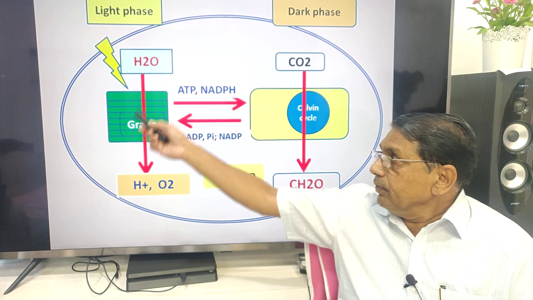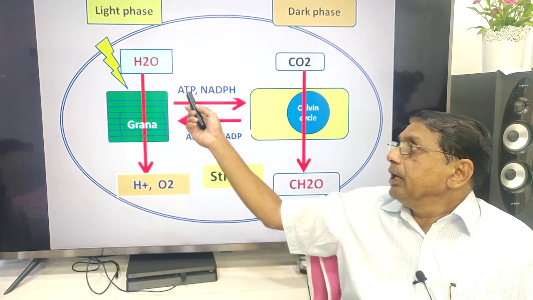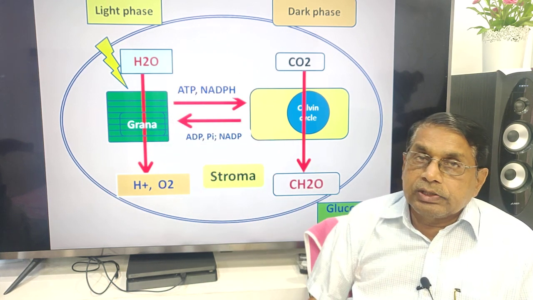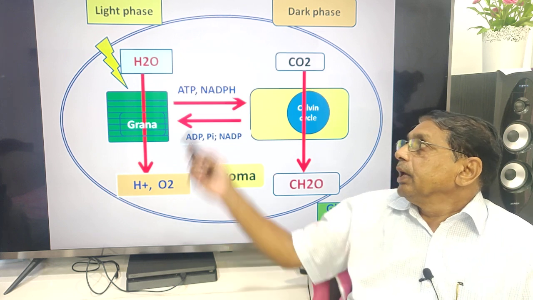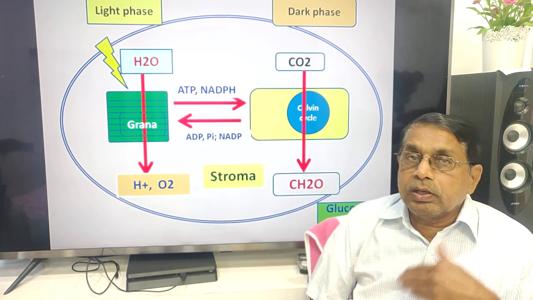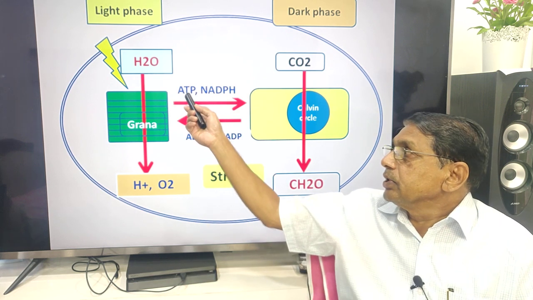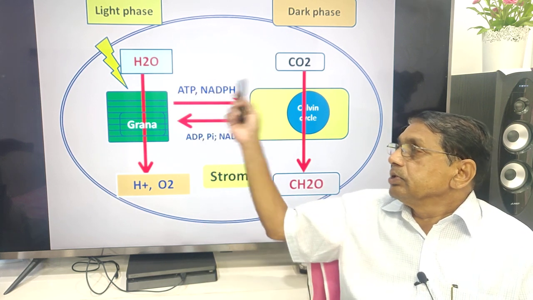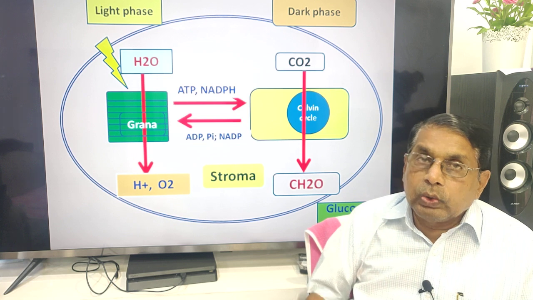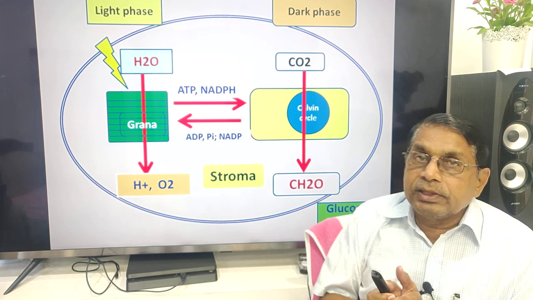During the light phase reactions, ATP, an energy rich molecule, and NADPH, a proton and electron carrier, are synthesized. This is the energy rich molecule, this is the reducing power, together known as assimilatory power.